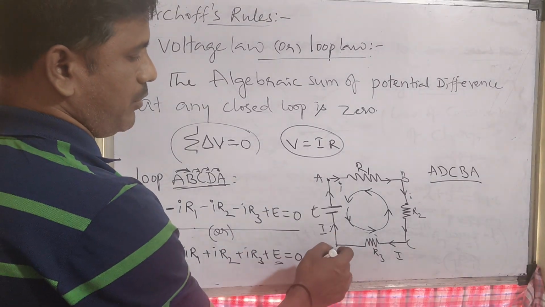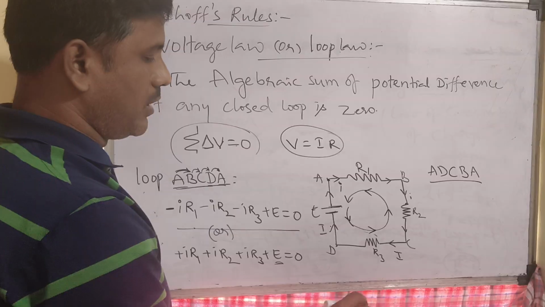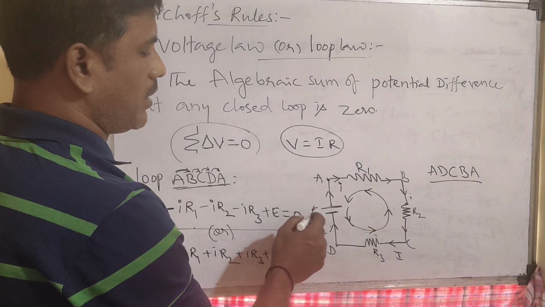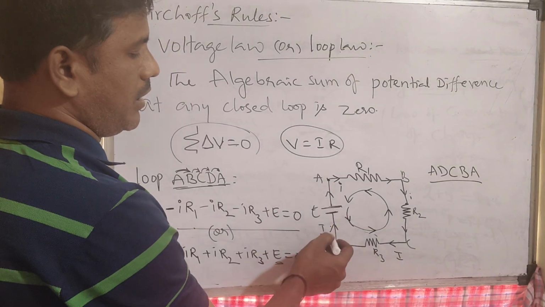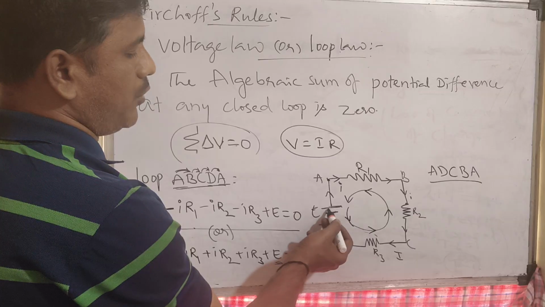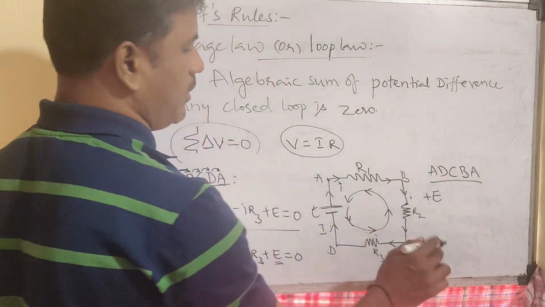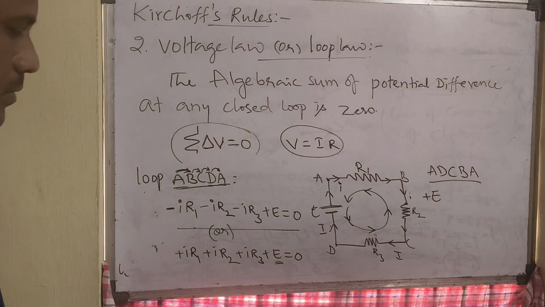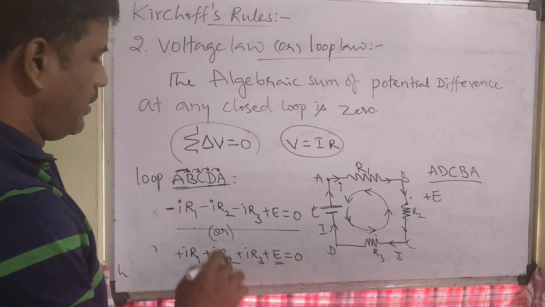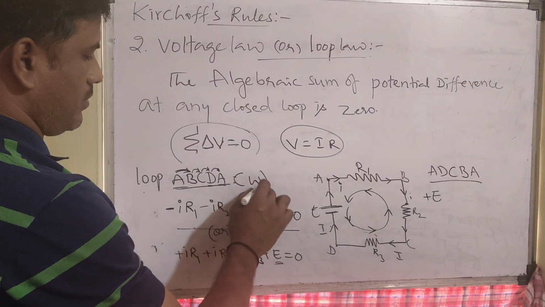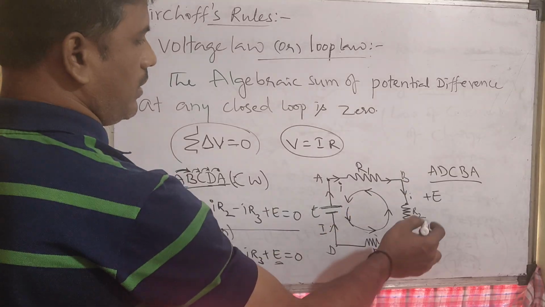A to D, path direction we don't want to consider. So here current direction only we should consider. Current direction is what? Negative to positive only. So that's why it is plus E only. That's very, very important. Clearly observe.